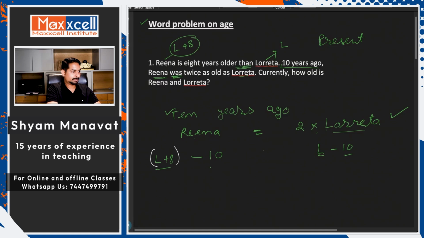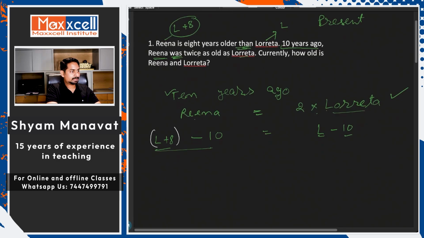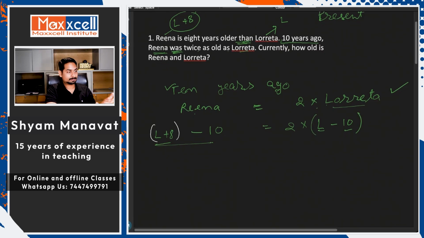So, Reena's age 10 years ago is equal to 2 times of Loretta's age 10 years ago. Are you okay with this? Yeah, if not, just revise this part because I think I made it quite simple and easy for you. Now, simplify, open the bracket. Now it's all simplifying the equation.